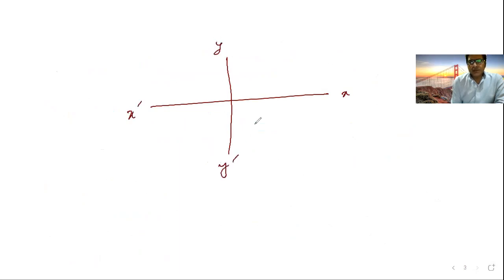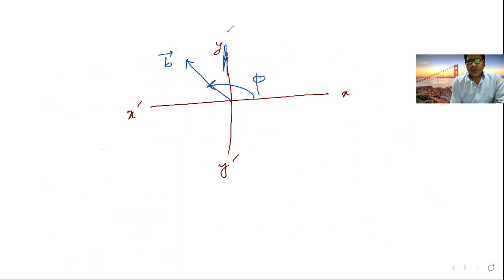For example, let b be some vector, and let this be x, x prime, y, y prime. Let b be a vector in second quadrant, then this is its angle, right? Its x component is, you have to draw projection.